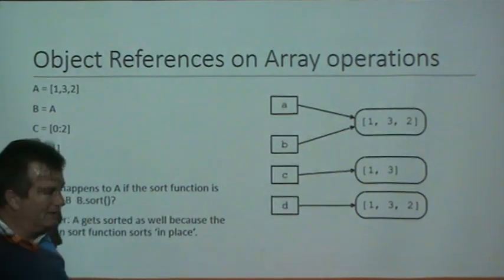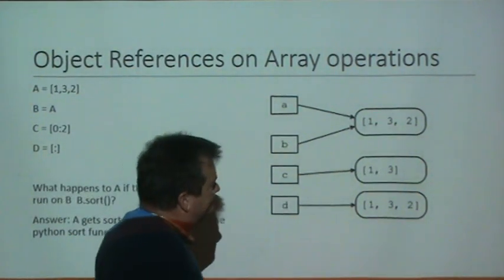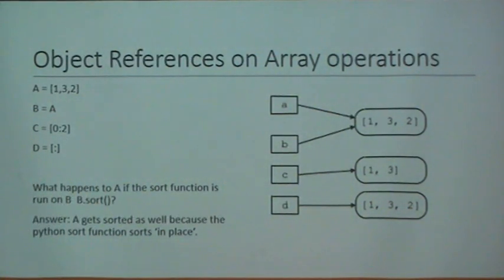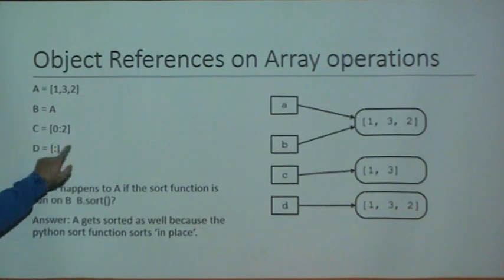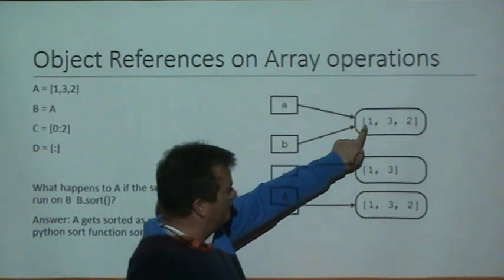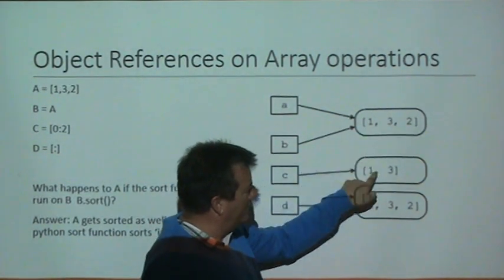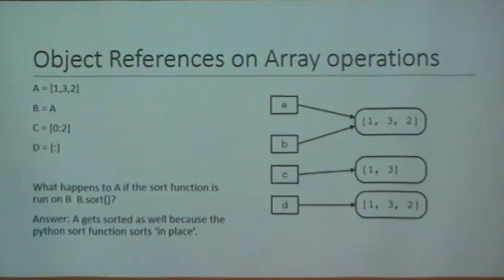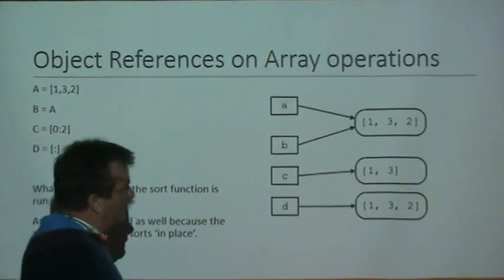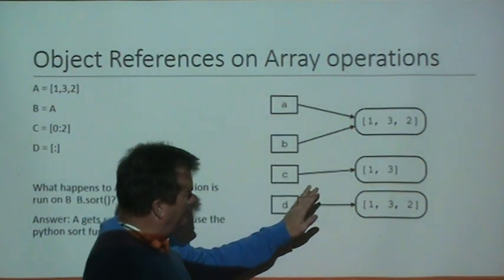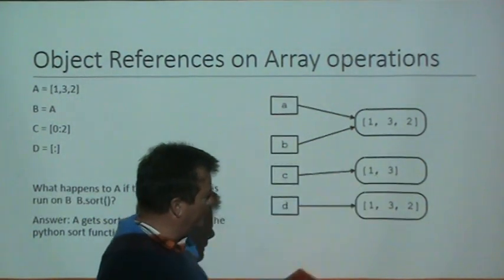It's 1 before the last one, right? So I'm creating C by using the first two elements in this array, and I am making an array of 1 and 3.